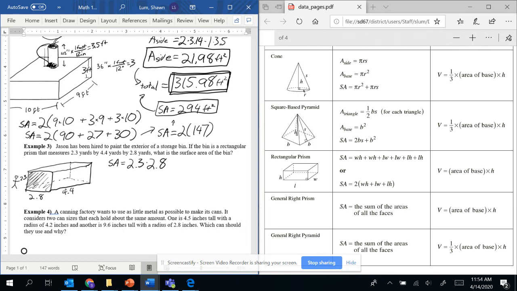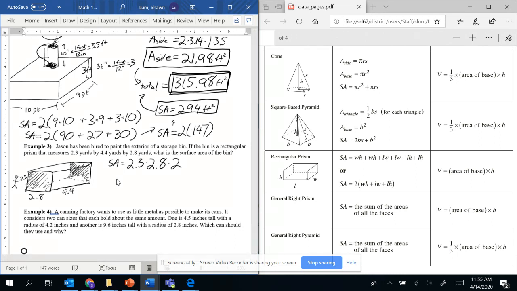That's the surface area of just this one wall I shaded. There happens to be another wall on this other side with the exact same dimensions. So we can go 2.3 times 2.8 times 2, for those two walls I just shaded. I'll calculate this a little bit later.